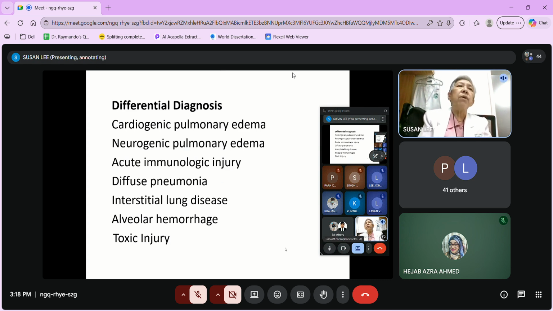So aside from cardiogenic pulmonary edema, neurogenic pulmonary edema is also one of the considerations. Pulmonary hemorrhage, diffuse pneumonia, acute immunologic injury to the lung, or toxic injury to the lung, or among patients who have interstitial lung disease. Okay, but the most common differential would still be cardiogenic pulmonary edema.